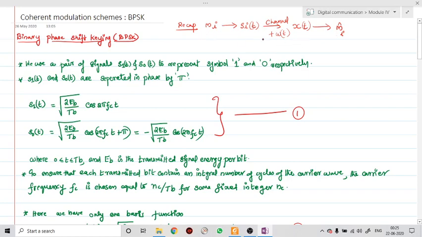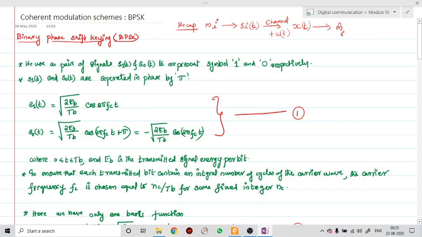Why is it called passband? Because we are not transmitting the signal that is representing the symbol MI directly to the channel, but we modulate that to a carrier.